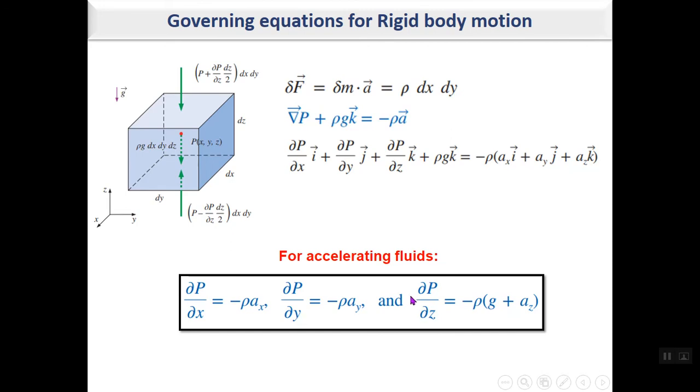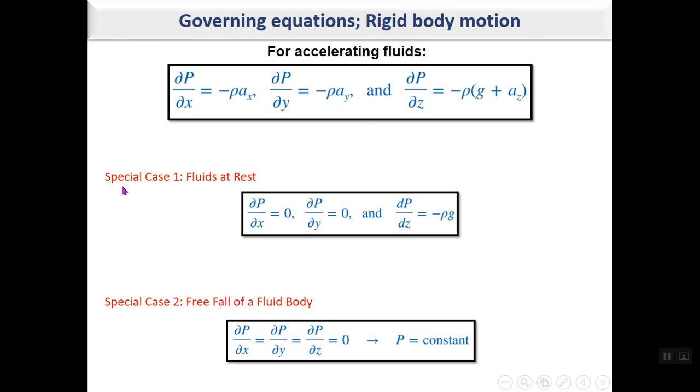We suppose that it acts in the minus z direction, and there are three accelerations: ax, ay, az. In this case you will have three equations. Gradient of p in relation to x is minus rho ax, the same for the y direction, and this is for the z direction.